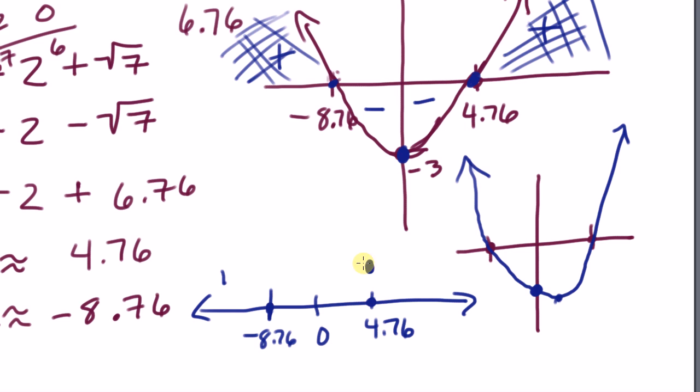It didn't say equal to. So we got an open circle and an open circle, and we go off to infinity. We go back to negative infinity, or from negative infinity to this value, excluding this value. None of these values are going to satisfy the equation, and from 4.76, not including, to infinity.